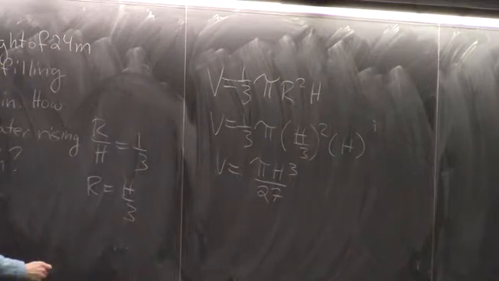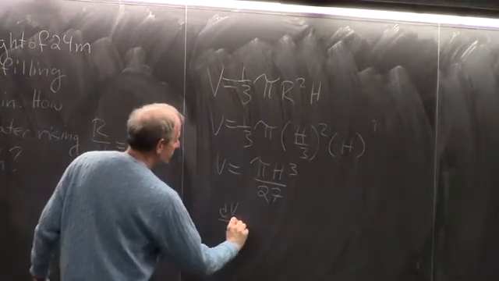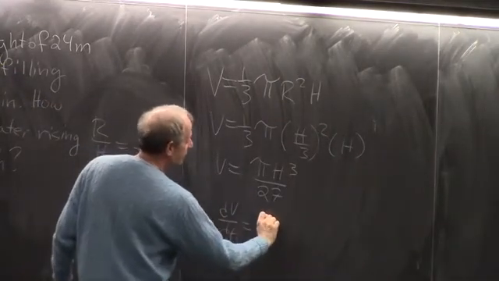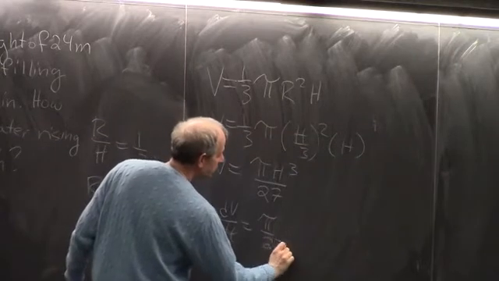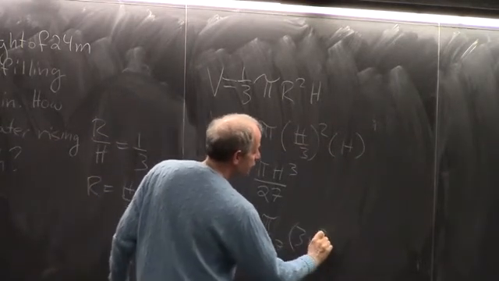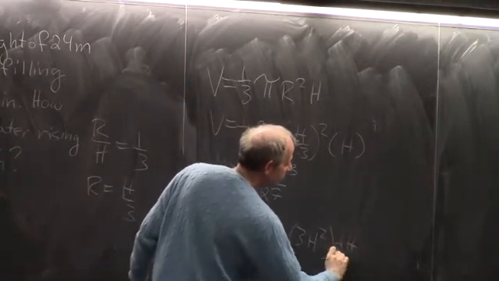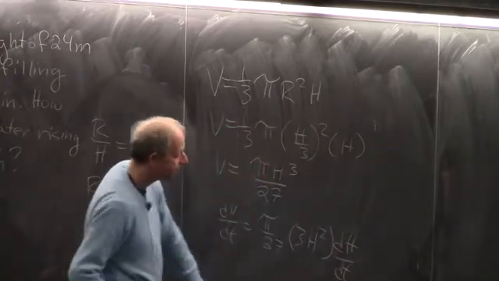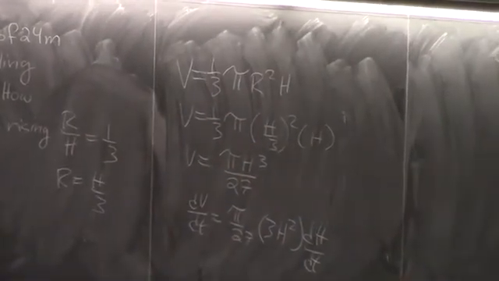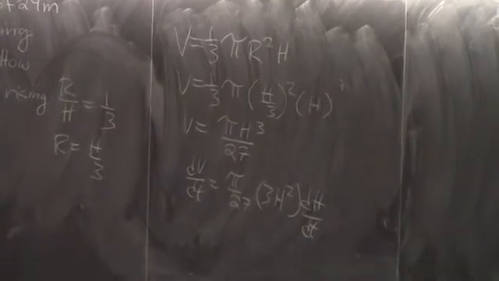Okay? Take the derivative, and you get dV/dt equals pi over 27 times 3h squared dh/dt. And now I just plug in.